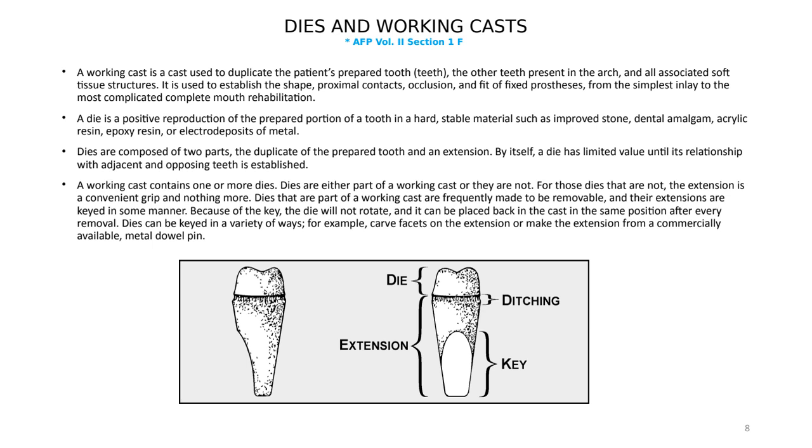Why? Because we need to have proximal contacts, we need to have the occlusal contacts. Also, we need to see the shape of the teeth that we copy. And sometimes we get carried away doing the anatomy of a tooth. Sometimes we put too much anatomy, and we don't see the patient. As dental technicians, we don't see the patient. The doctor sees the patient.